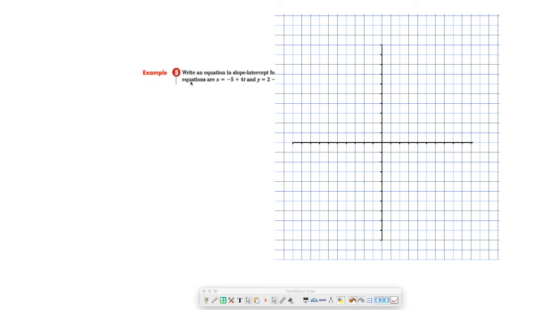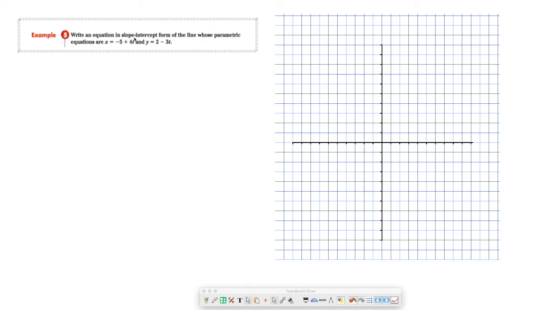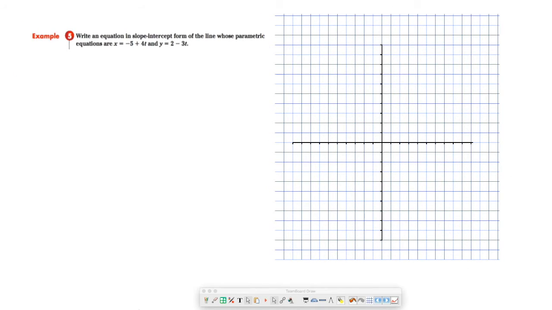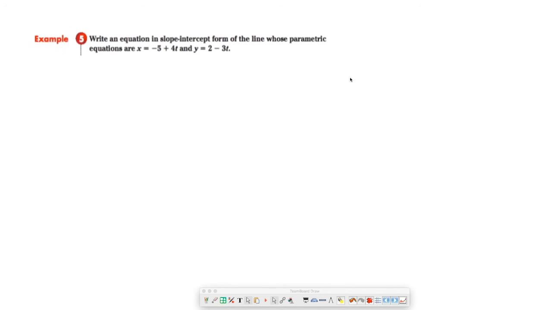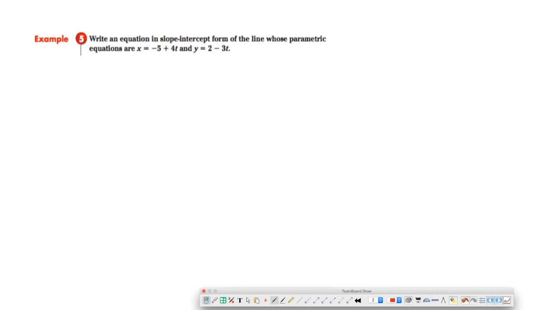Here's the example I accidentally started on. Write an equation in slope-intercept form of the line whose parametric equations are x equals -5 plus 4t and y equals 2 minus 3t. This one's slightly trickier.